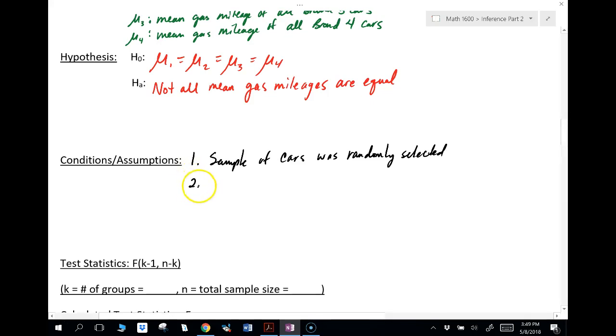Okay, so here is where the assumption of independence comes in. We're just going to go ahead and make this an assumption, because it really didn't give us a lot of detail here, so I've got to assume that it's true. So we're going to assume independence between and within groups.